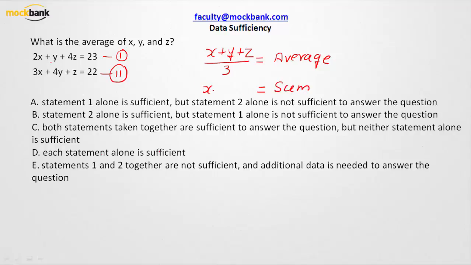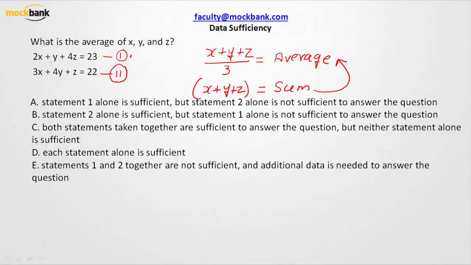Sum of x plus y plus z is this. So if you're able to find out the sum, you can very easily find out what is the average. Is it not? Now my question to you is, can we find out x plus y plus z by using this statement alone?